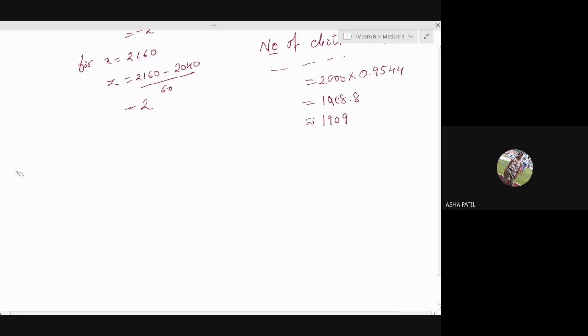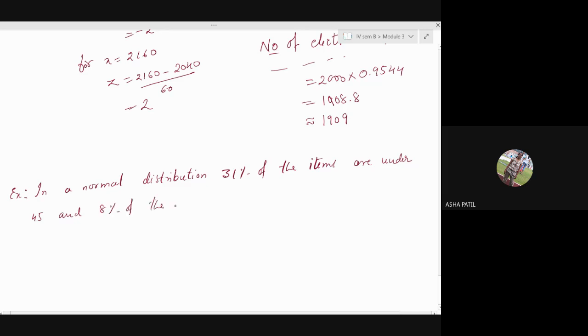Next example. In a normal distribution, 31% of the items are under 45 and 8% of the items are over 64.